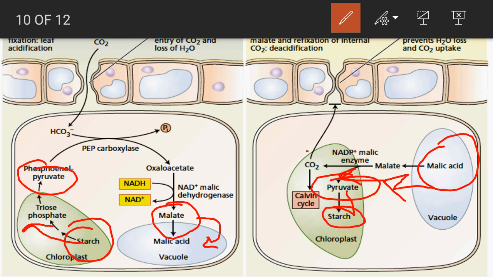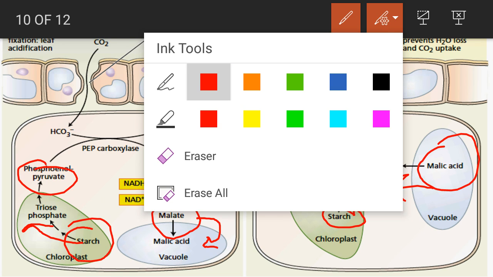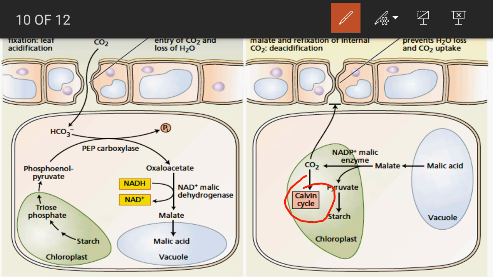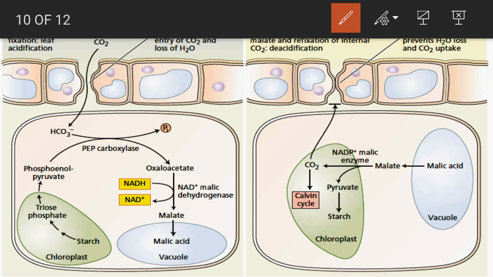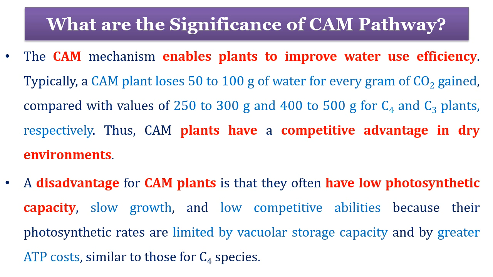After the decarboxylation, the carbon dioxide which is released gets fixed by the Calvin cycle, because with the growing concentration of carbon dioxide from decarboxylation of malate, this carbon dioxide cannot escape the plant because the stomata are closed. So ultimately the concentration of carbon dioxide increases around the RUBISCO enzyme in the Calvin cycle, and because of which it favors a carboxylation process, and ultimately it forms carbohydrate molecules.